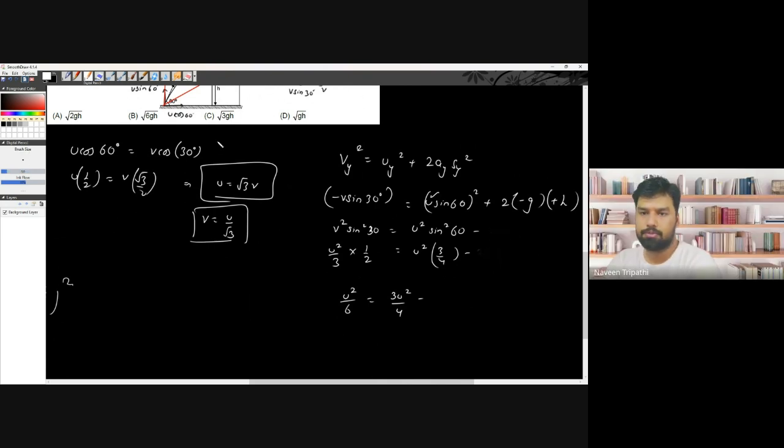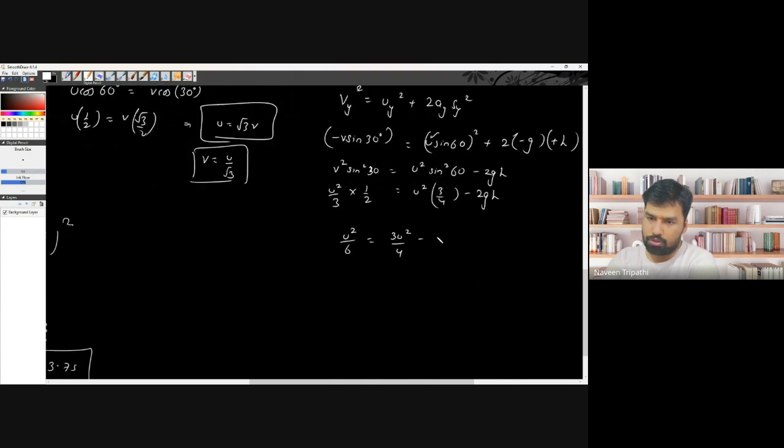Minus 2gh. Now simple algebra. 2gh will go on the left side, u square by 6 will go on the right side, 3u square by 4 minus u square by 6. What is the LCM of 4 and 6? 12. So 6 times 2 is 12, 4 times 3 is 12.